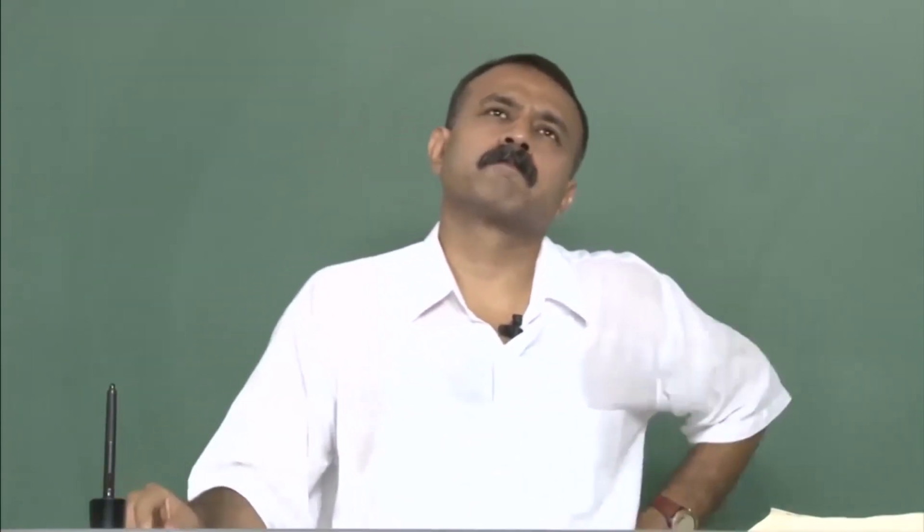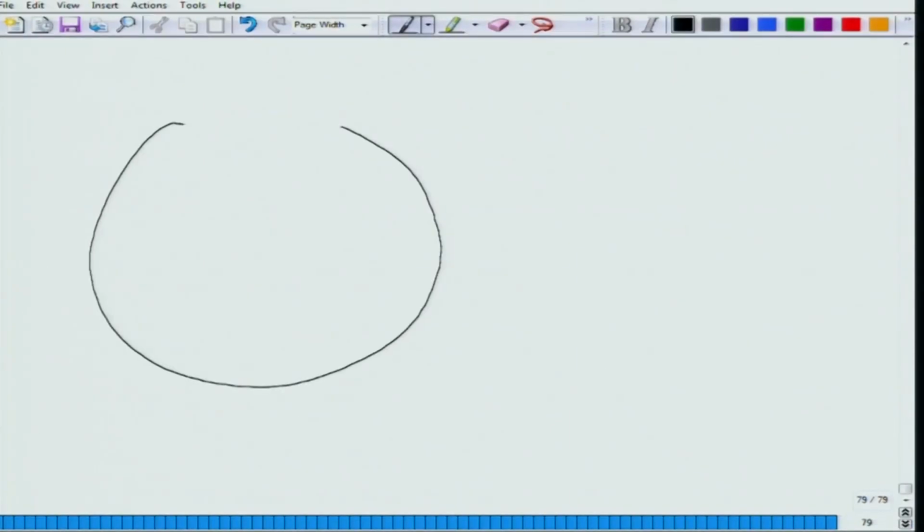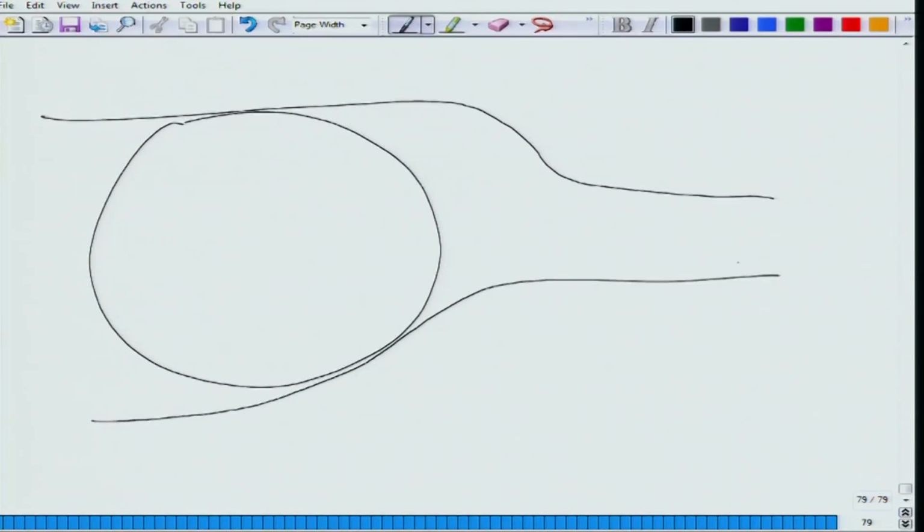So, in other words, let me give an example, something like a sponge. If it is flowing through a vessel of this diameter, and then the vessel size goes smaller, they change their shape, they become more elongated. Suppose they are traveling through the vessel like this and then the vessel becomes like this.